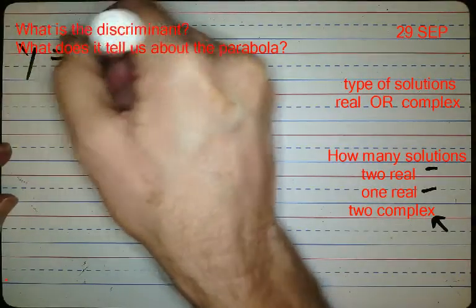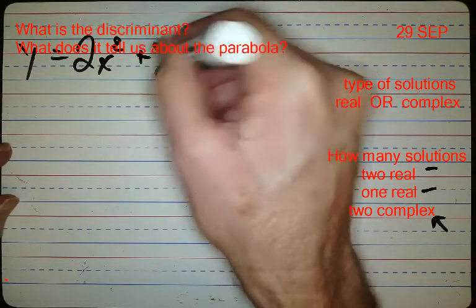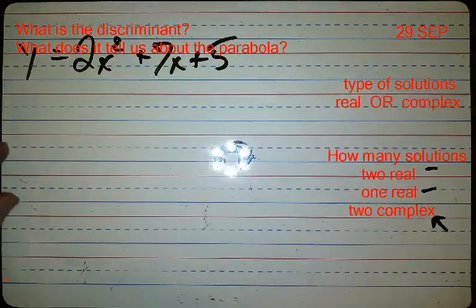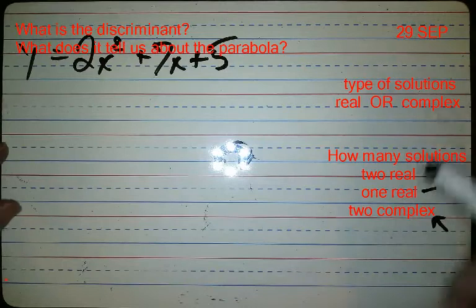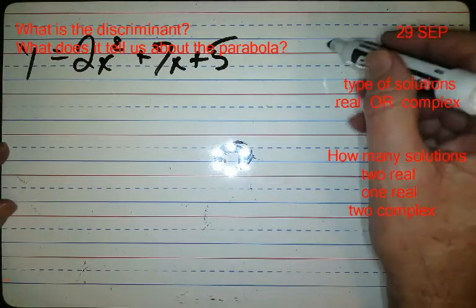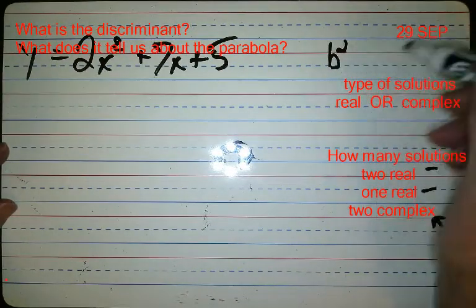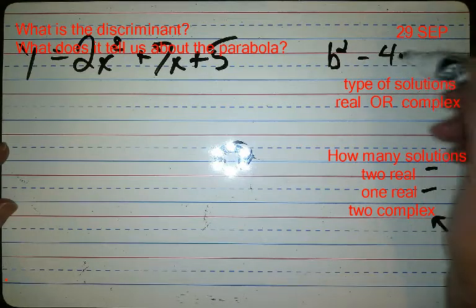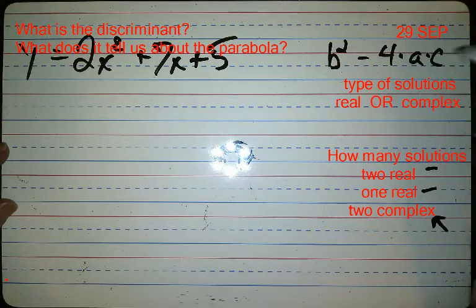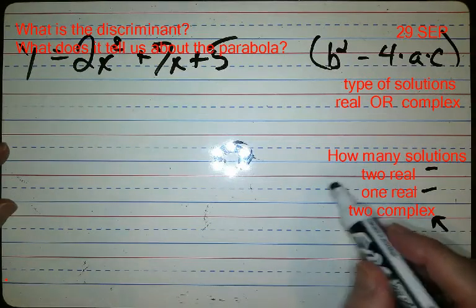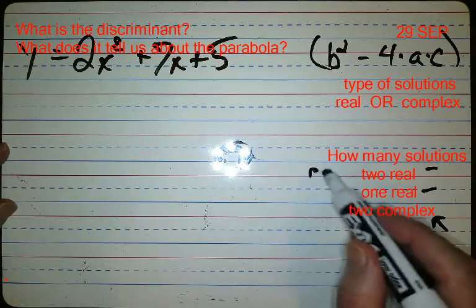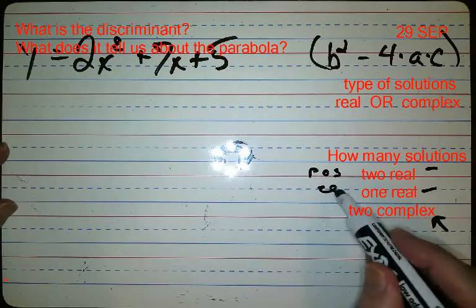Y equals 2x squared plus 7x plus 5. All right? Now, all we want to know is what is b squared minus 4 times a times c. Is it going to be positive? Is it going to be 0?